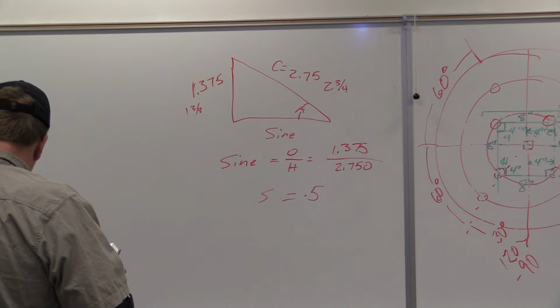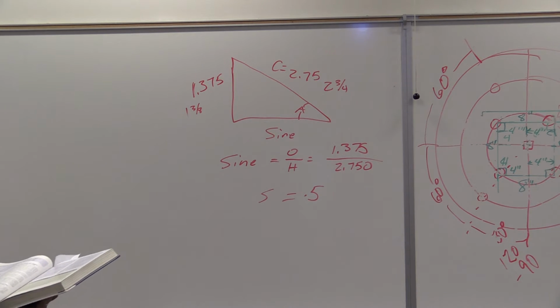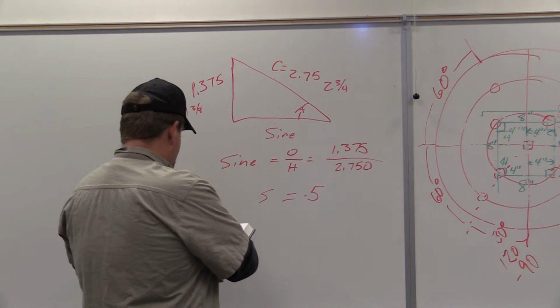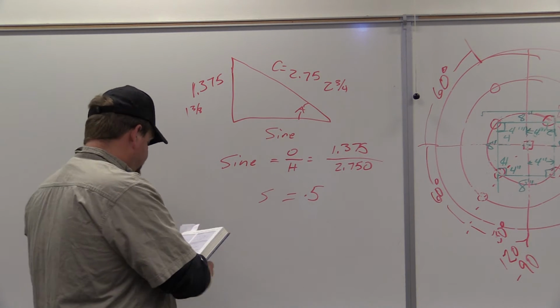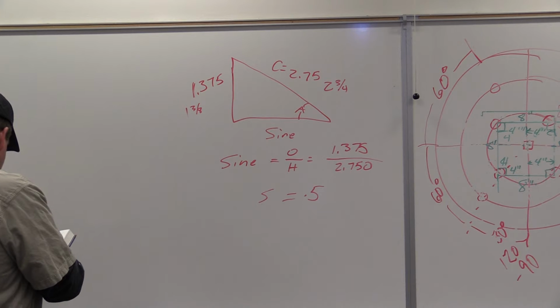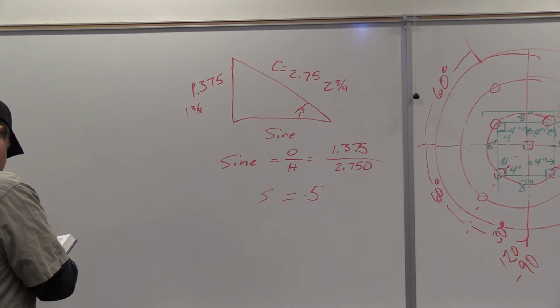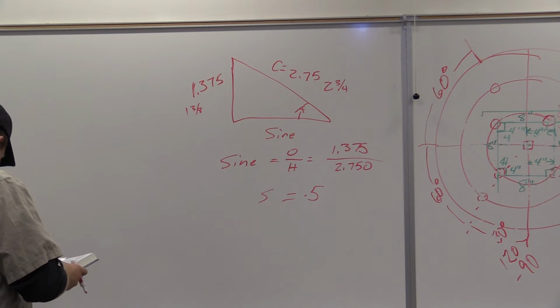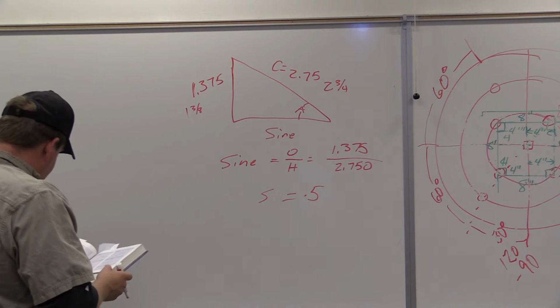Okay? Cosine, you can follow the next examples, are the exact same. All right? Tangent's the same thing. Now let's move. We'll get into the angles and that more during the layout. All right?